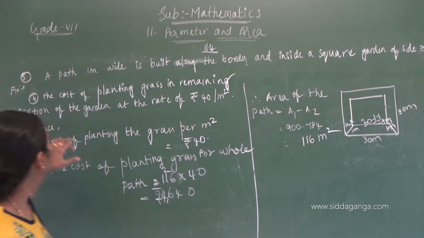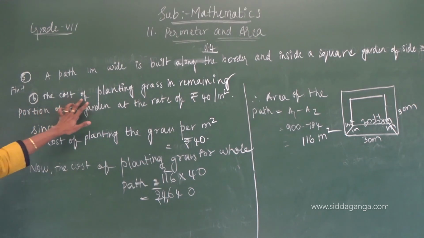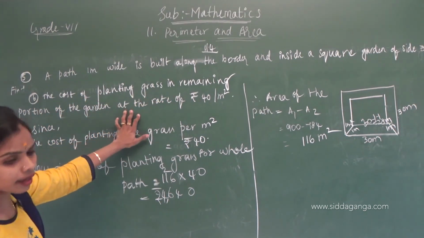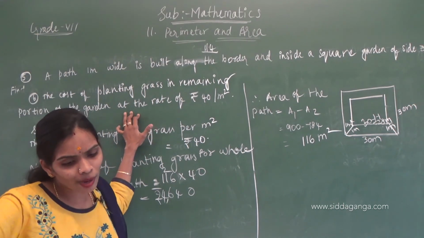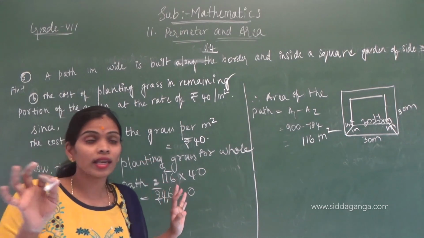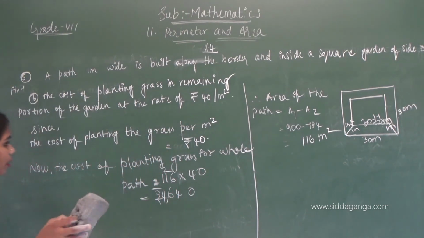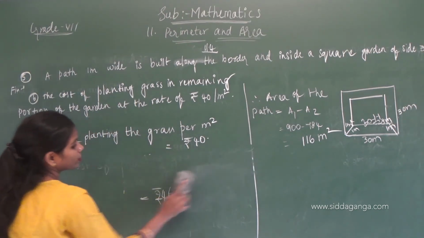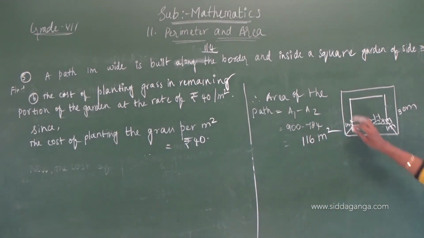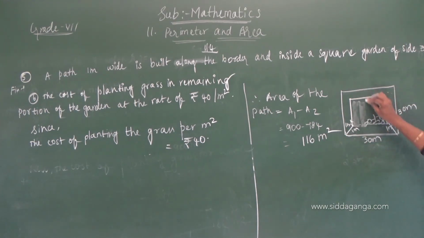Just see here children, the cost of planting grass in the remaining portion of the garden. Sorry, see here children, what they are asking, they are not asking for this part, they are asking for the remaining part.